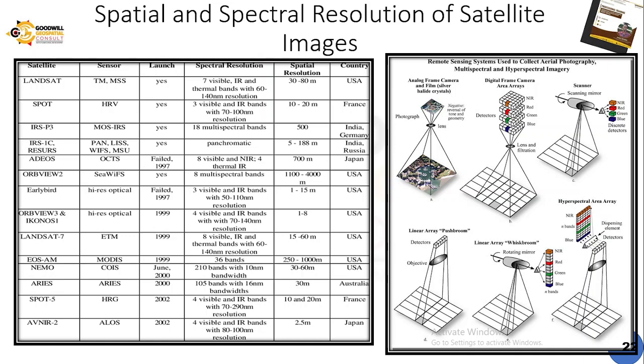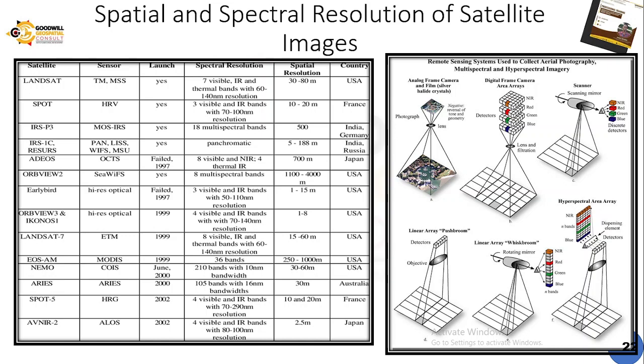So each band has a spatial resolution and a spectral resolution. For the Landsat thematic mapper and the multispectral, that's the 7 visible and infrared thermal bands, with 60 to 140 nanometer resolution. That's the spectral range, the wavelength range which it can focus. And the spatial resolution is 30 to 80 meters.